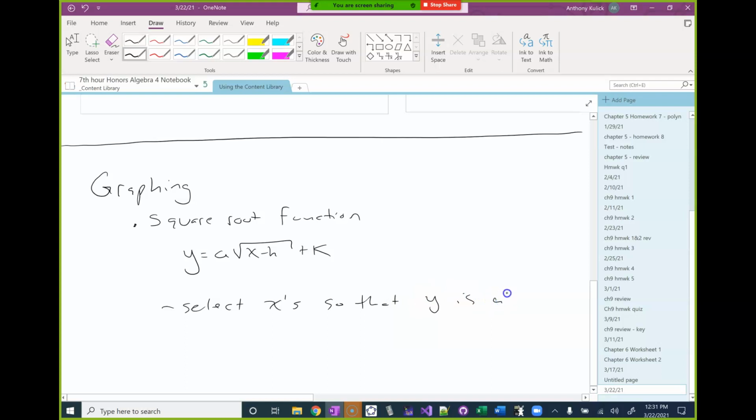So basically what I don't want is to just get screwball decimals all over the place. And if we're not careful, that's exactly what's going to happen. So in order to get this, what we need is perfect squares under the radical.